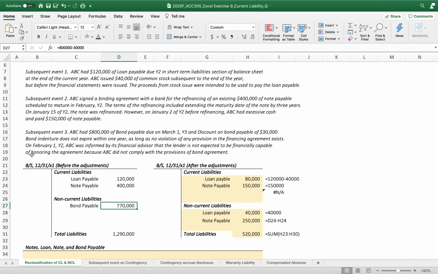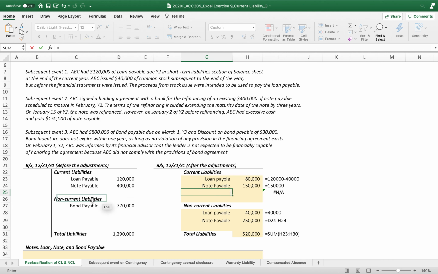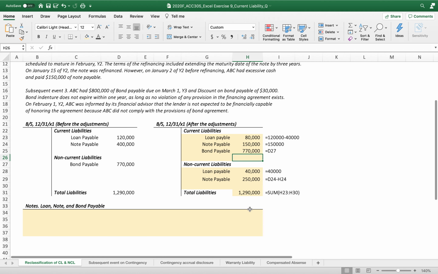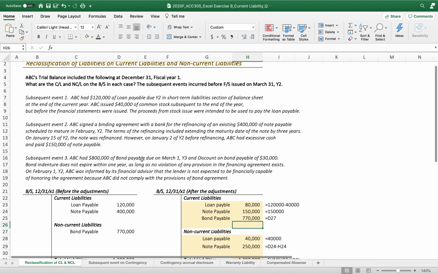But there's an issue, because ABC did not comply with the provisions of the bond agreement. So it's no longer non-current liability, because the company doesn't have the ability to pay out this $770,000 by violating this provision. It should be recorded in current liability for the whole amount, $770,000.